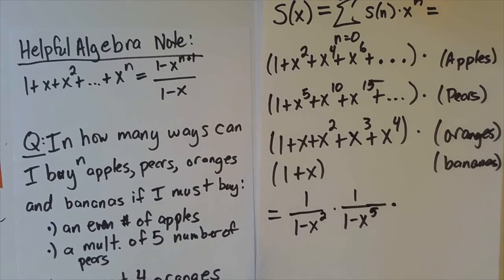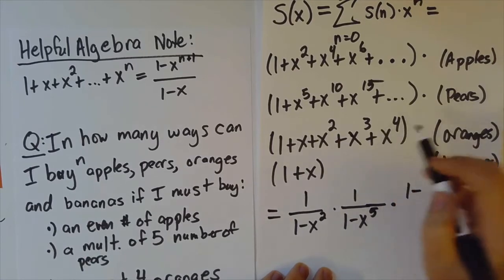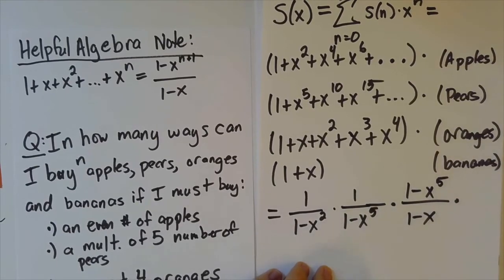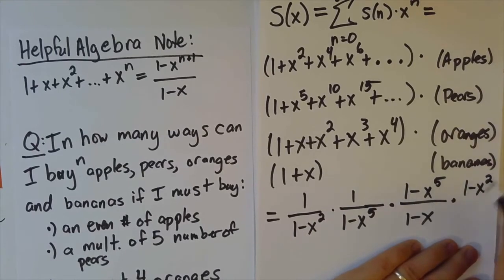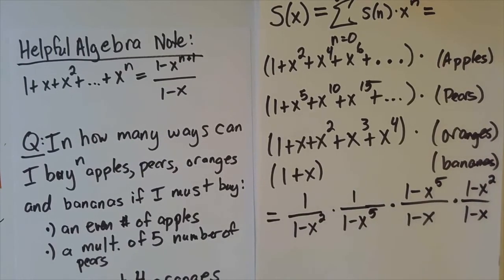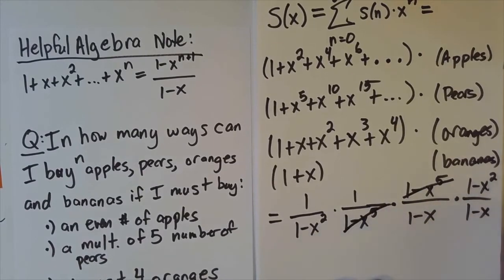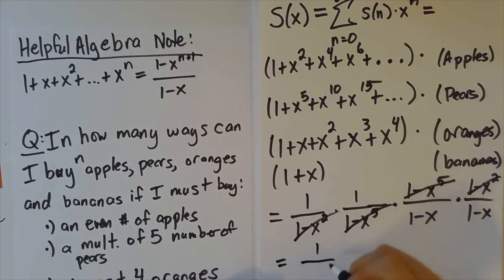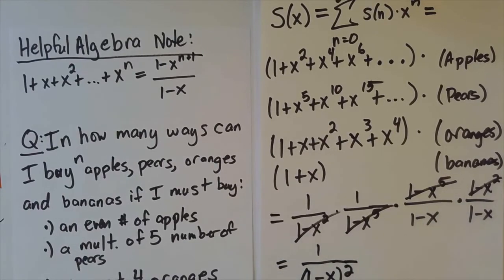So using that note, this one is 1 minus x to the 5th over 1 minus x, times, and this one is 1 minus x squared over 1 minus x. And you'll notice there's some cancellation, because that cancels with that, and that cancels with that. And so this is 1 over 1 minus x all squared.